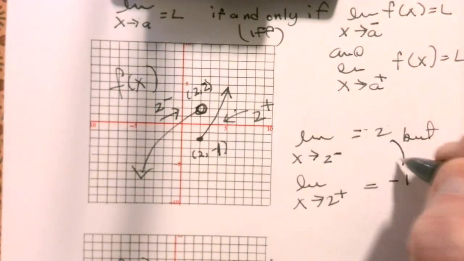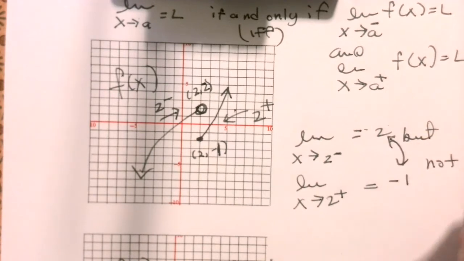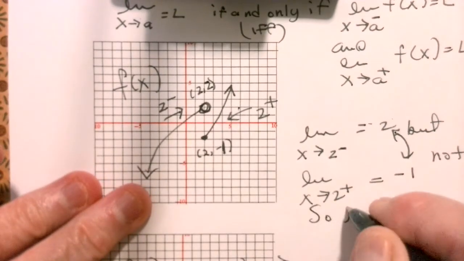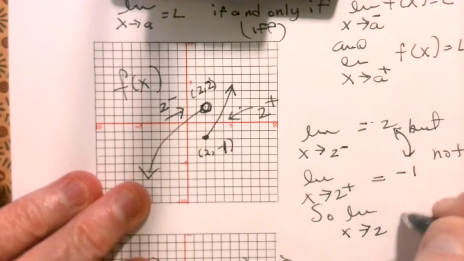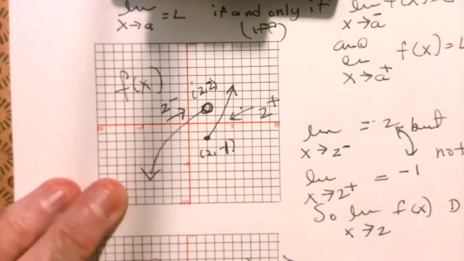These values are not equal in this case. So the limit as x approaches 2 in general does not exist. And in your homework, you'll put in does not exist for this.